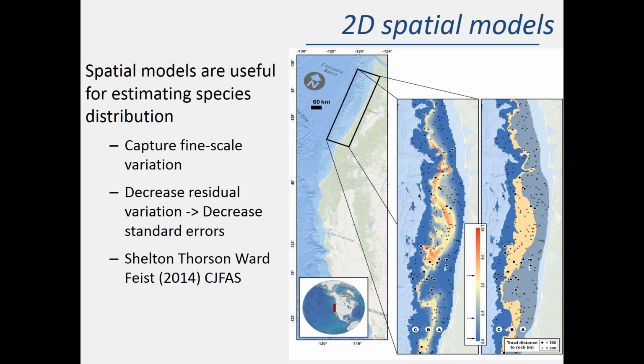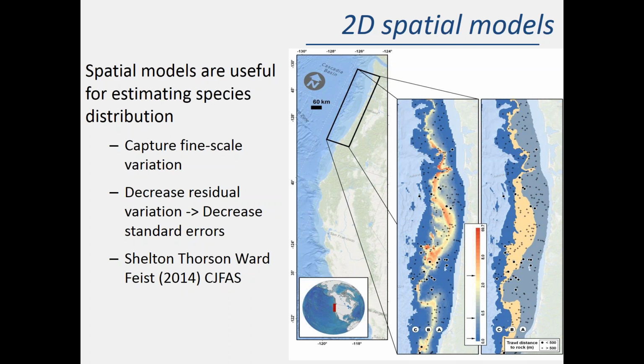My friend Oli Shelton, who works at the Northwest Center, recognized, as a lot of people have, that a Gaussian process you can also do in 2 dimensions, and suddenly you get residuals around the effect of covariance in a spatial model. So that's the way we're talking about geospatial regression.